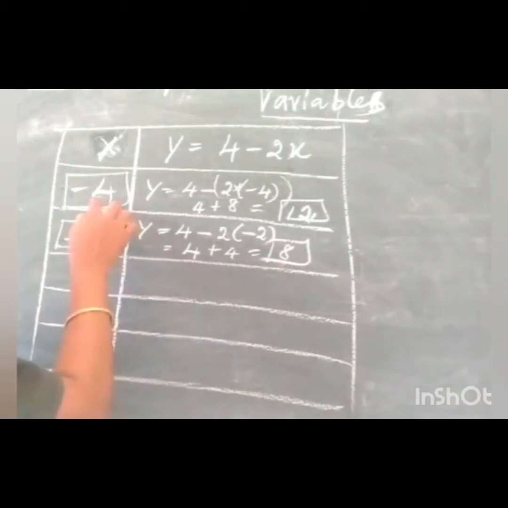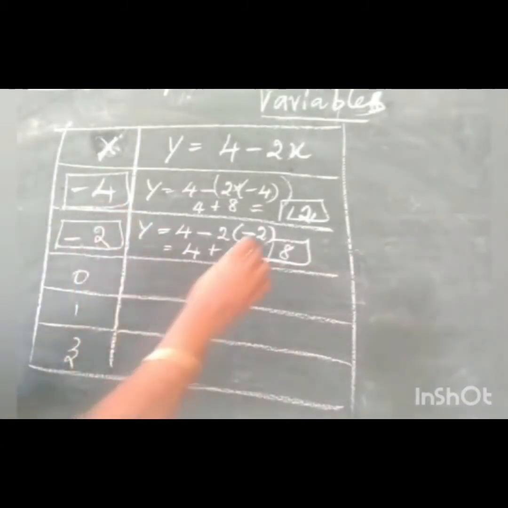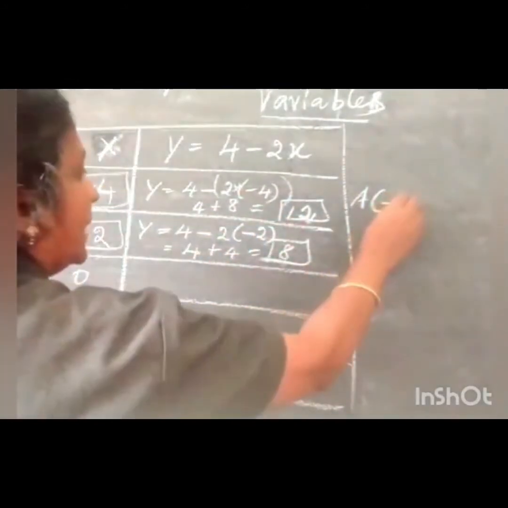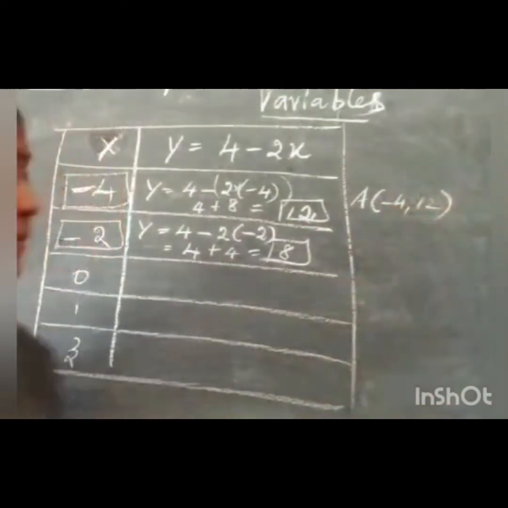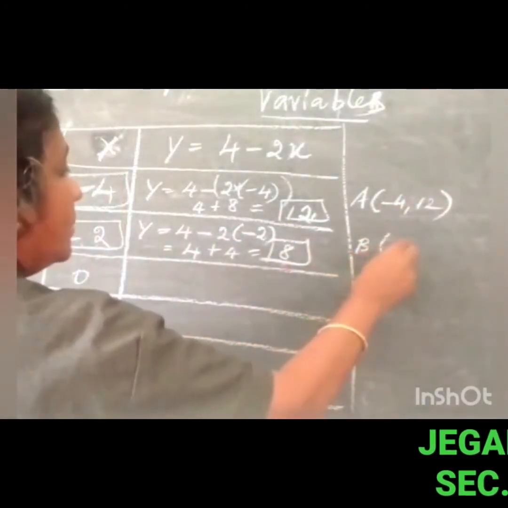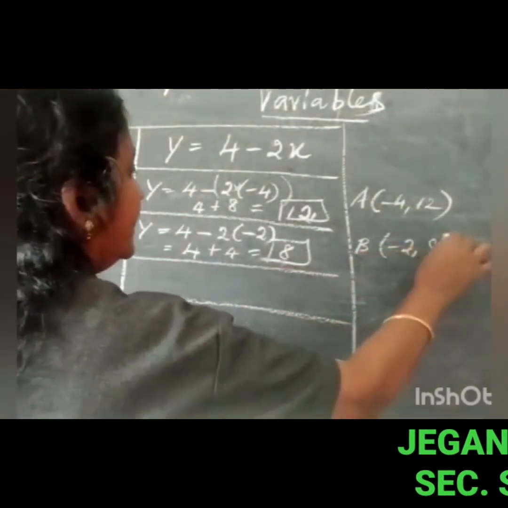This is the first point, point A. Point A is x value minus 4, y value 12, so minus 4 and 12. Now point B is minus 2 and 8.